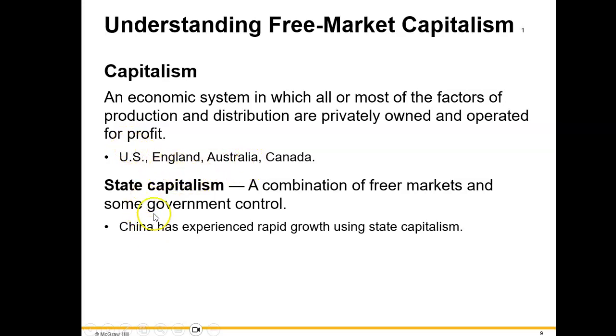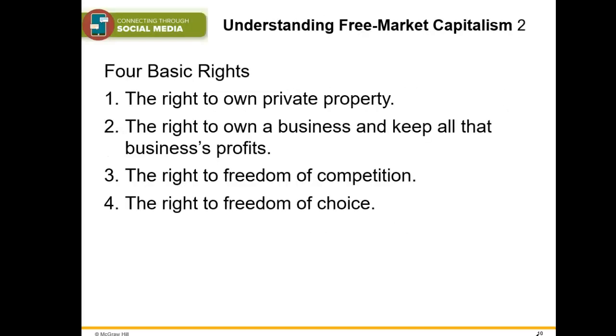In China, they have what's known as state capitalism, where they do have a free market. However, there are certain factors of the economy that are controlled by the actual government. Now, when you have a free market capitalism, there are four basic rights that you're going to have.